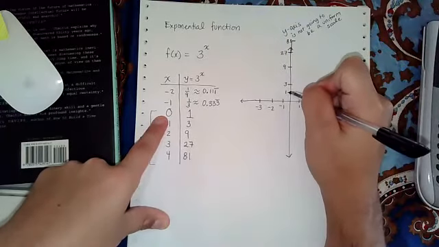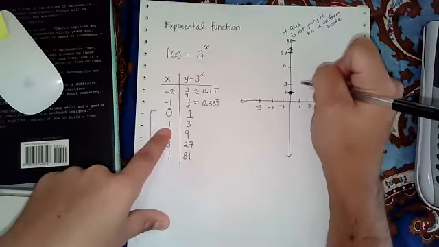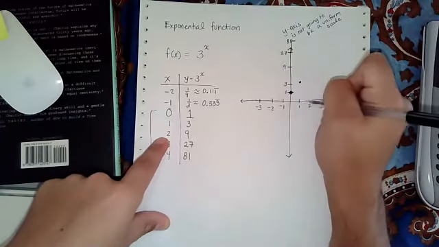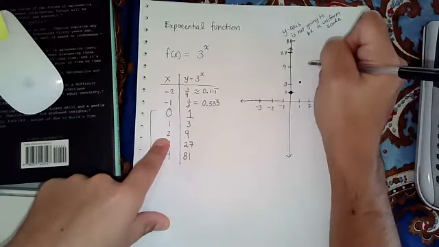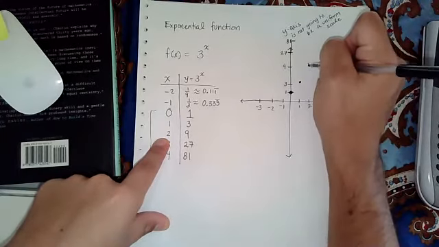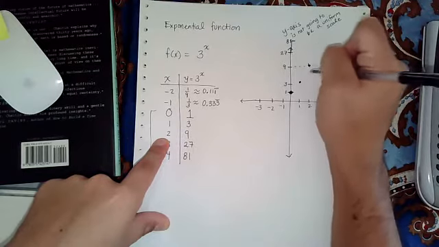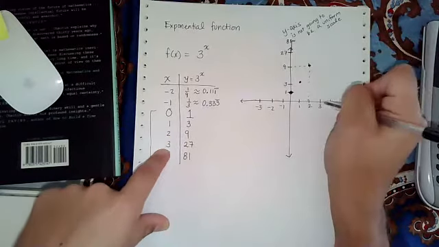0 and 1 is here. 1 and 3 would be here. 2 and 9 would be up here, ish. 3 and 27.